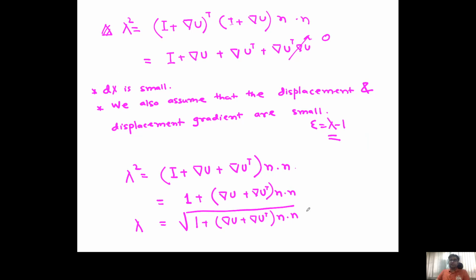And if we use Taylor series, if we use binomial expansion, and if we ignore the higher order terms, we have 1 plus half gradient of u plus gradient of u transpose n dot n. So let me go again.